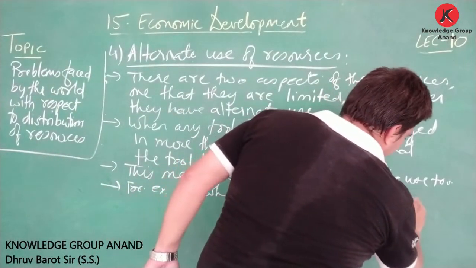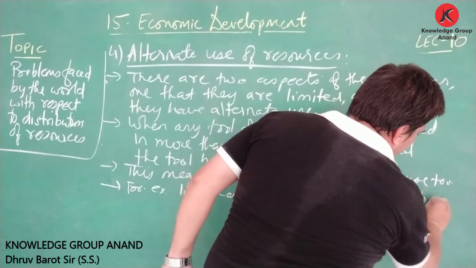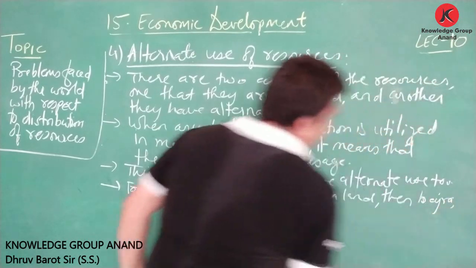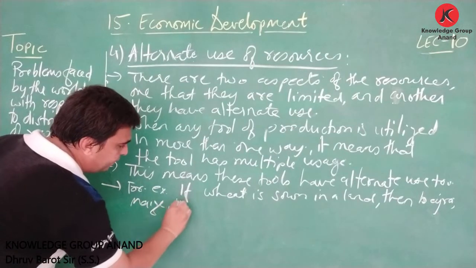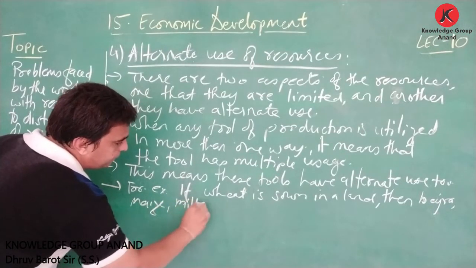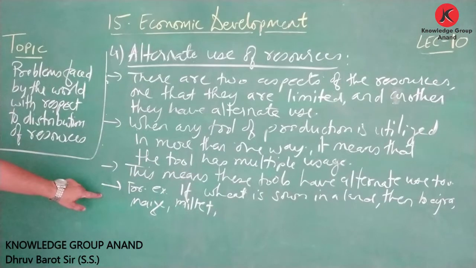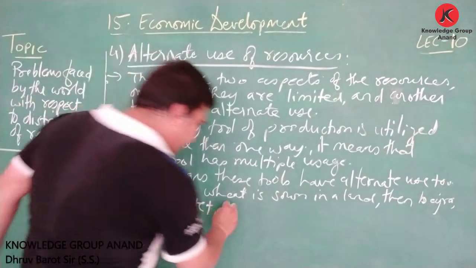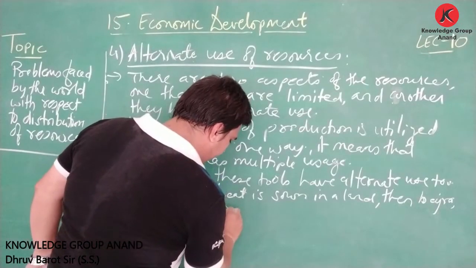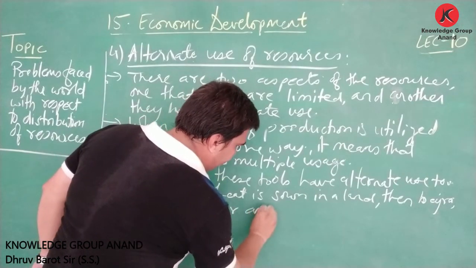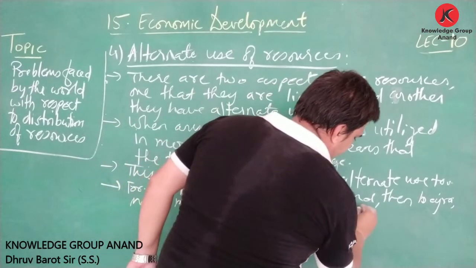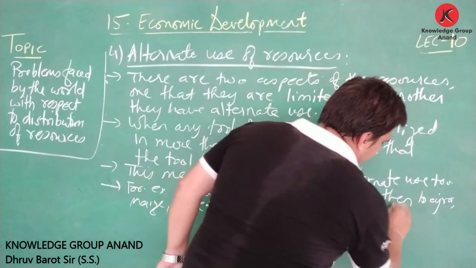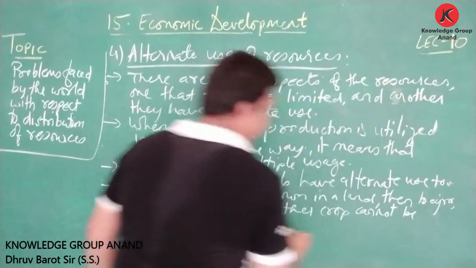then bajra, maize, millet, or any other crop cannot be cultivated.